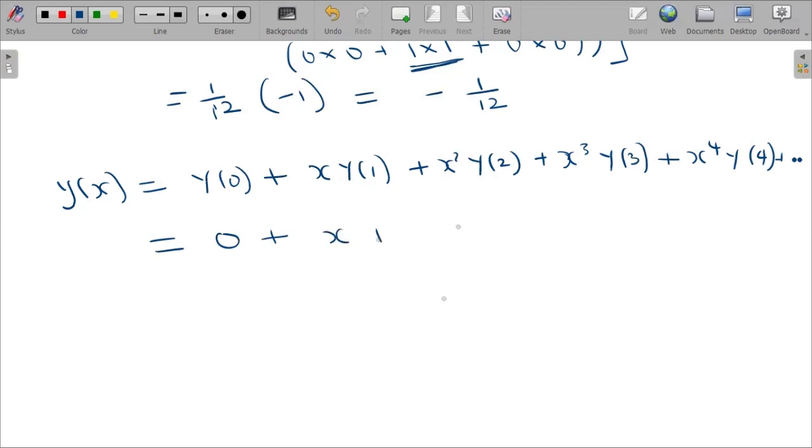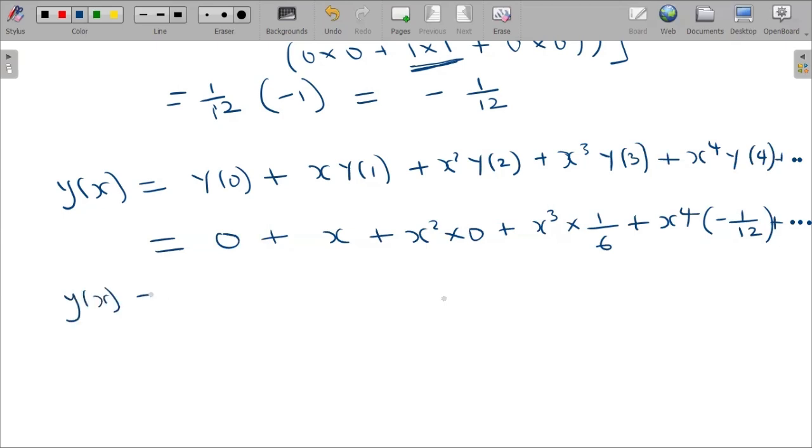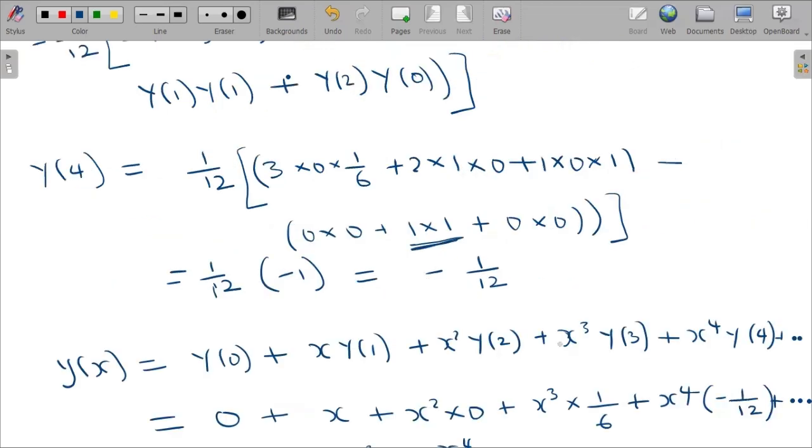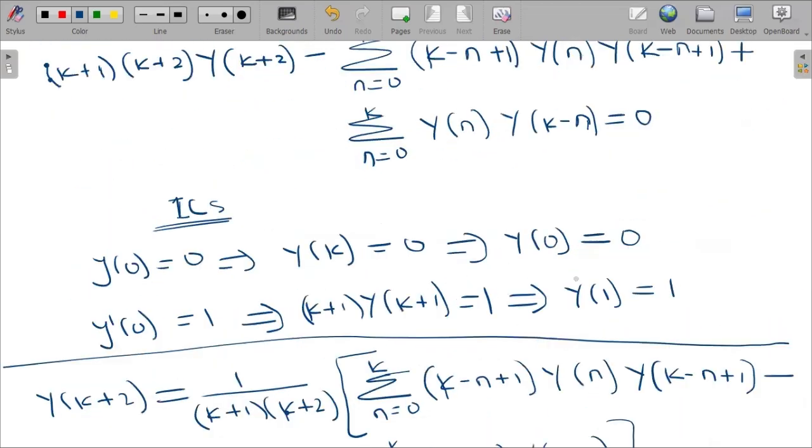Our y of 1 is 1, our y of 2 is 0, our y of 3 is 1 over 6, our y of 4 is negative 1 over 12. So y of x finally gives x plus x squared plus x raised to the power 3 over 6 minus x raised to the power 4 over 12. So that is the solution of the differential equation. Thank you for listening.